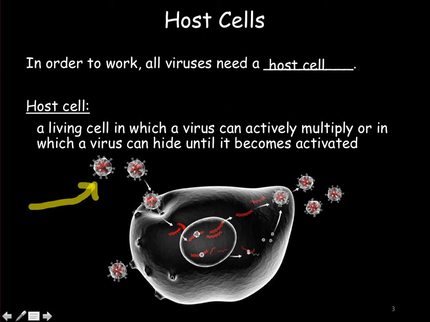right there, when they invade a host cell, which in this diagram, this here would be the host cell, what they do is they actually invade and hijack the host cell's regular proteins and regular cellular machinery.